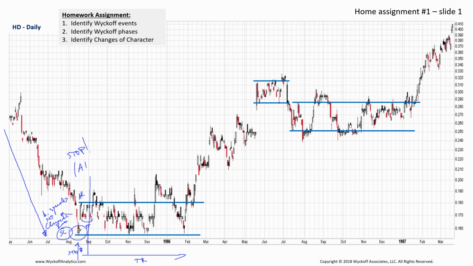The secondary test and the automatic rally would have volume signatures that would suggest that it's more likely to be an evolving trading range. But also, yes, absolutely. And here again, we're going from a downtrend environment into a trading range environment.